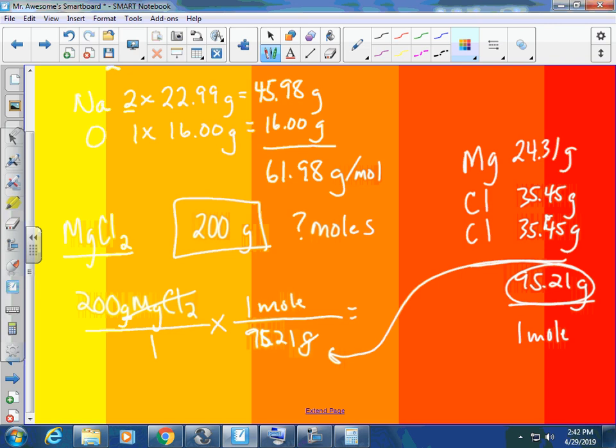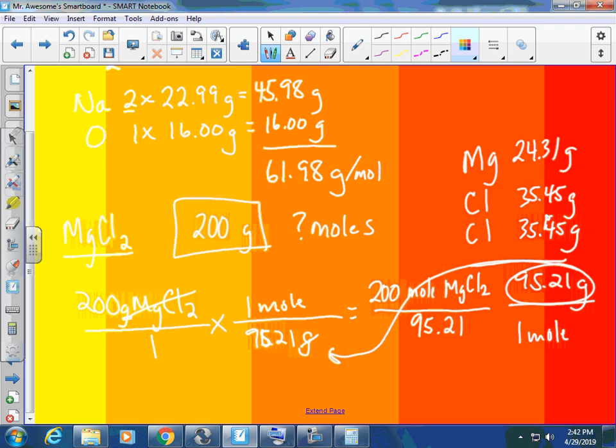So what this shows me is really what I'm ending up with is a division problem. On the top, I'm just going to have 200 grams of MgCl2. And on the bottom, I'm going to have 95.21.